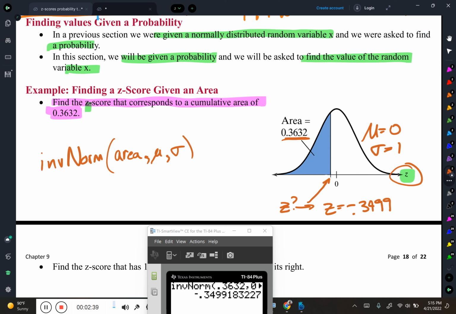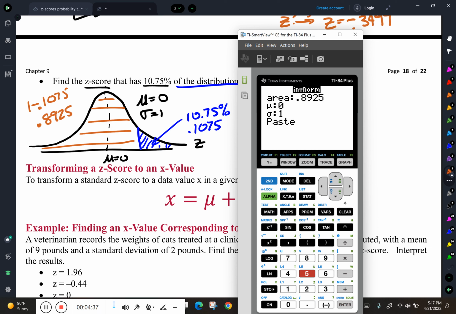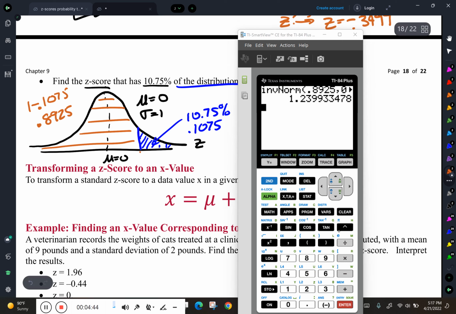So then I'll grab my calculator, and I'll say distribution, inverse normal, area to the left is 0.8925, mean is 0, standard is 1, paste, and I find that that has a z-score right there of 1.24, round to 2 decimal places or round wherever they want me to round it.